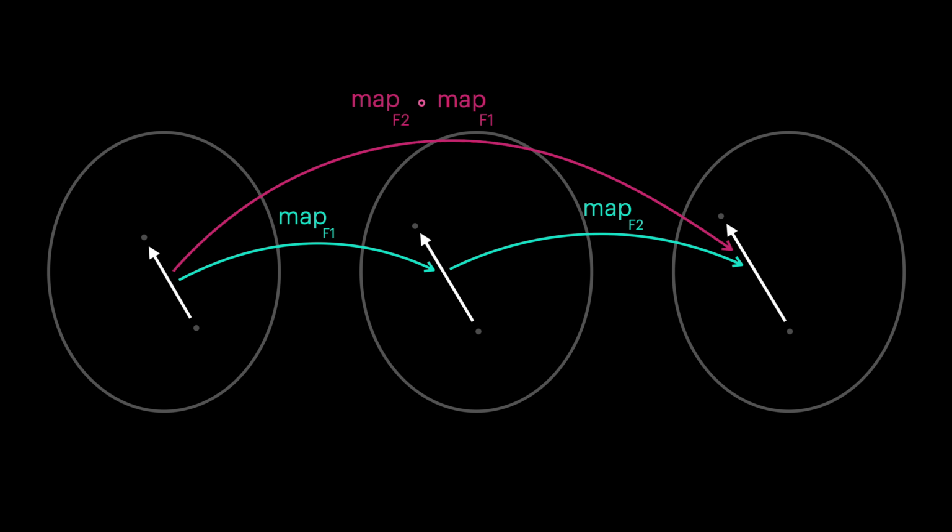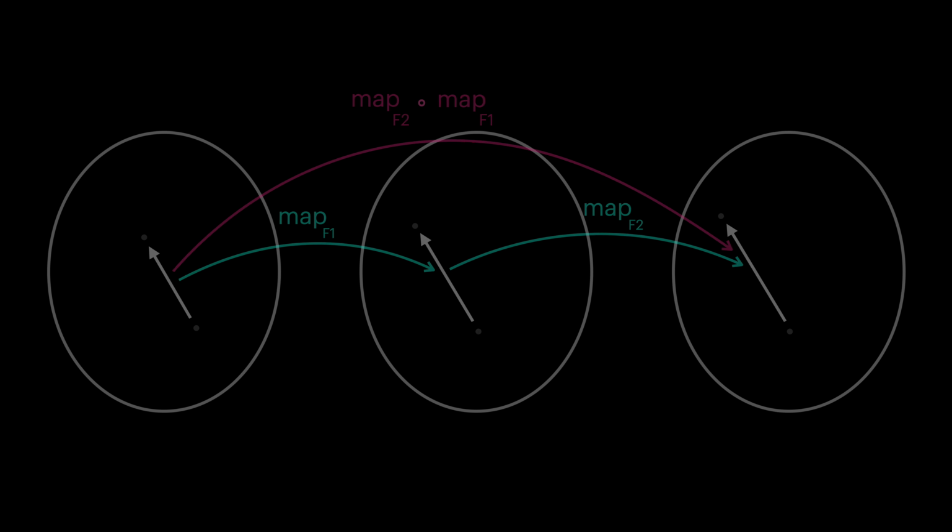Honestly, in order to completely prove that this way of composing functors leads to a new functor, we need to check for functor identity and composition laws. But for the sake of the length of this video, I leave that to enthusiastic folks to look into. So we could find a general way to compose any two functors and create a new functor.